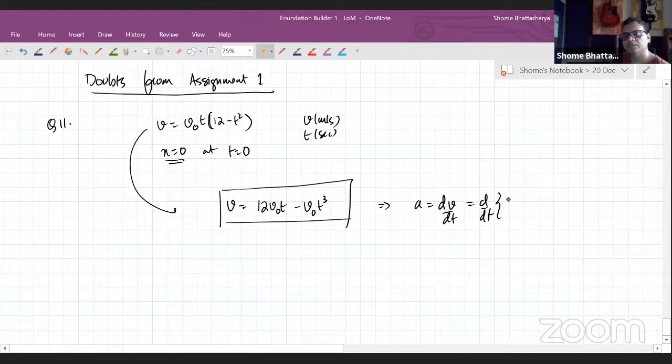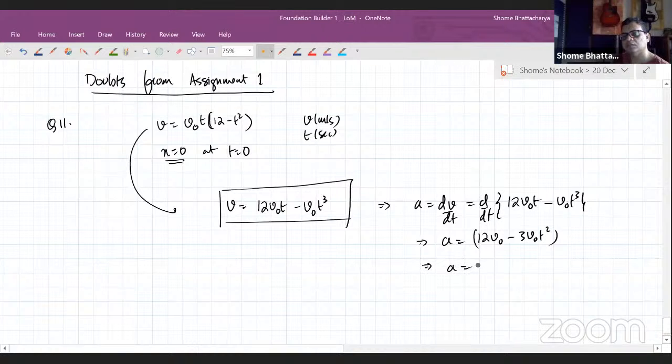So the acceleration becomes 12 v naught minus 3 v naught t square.